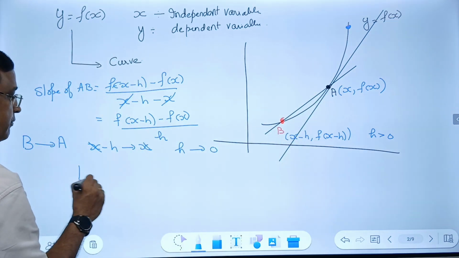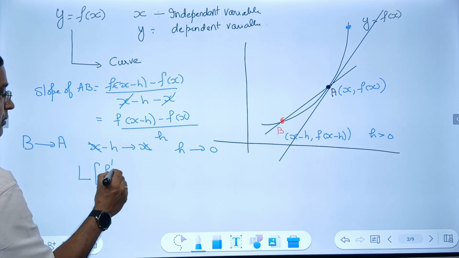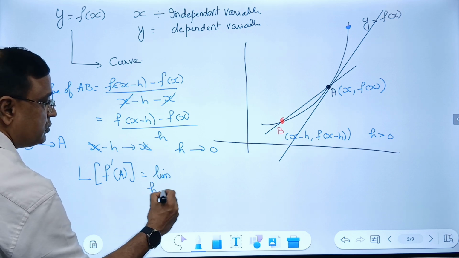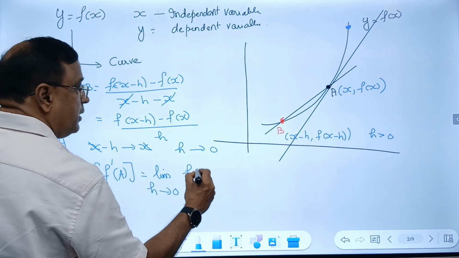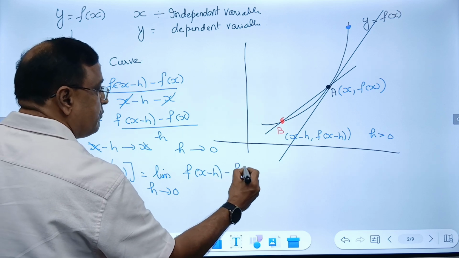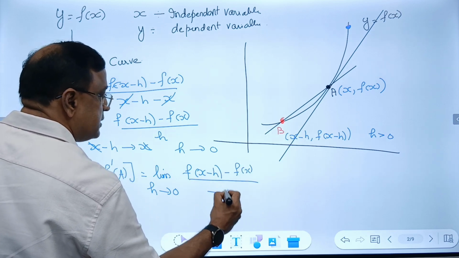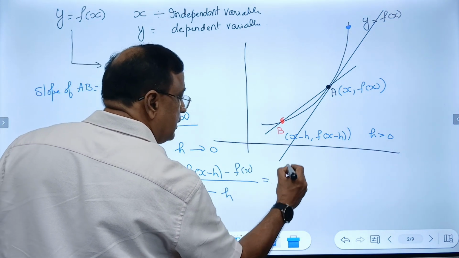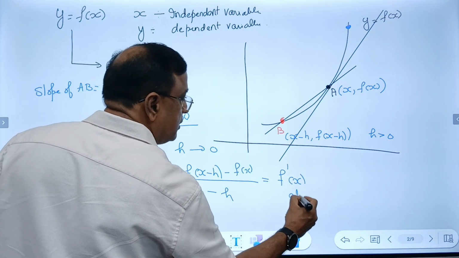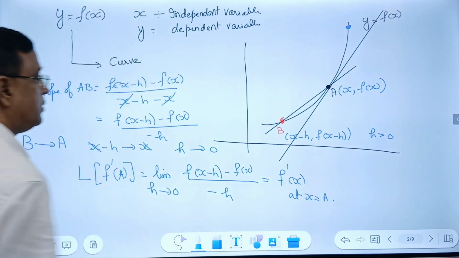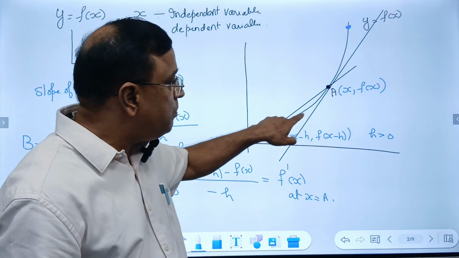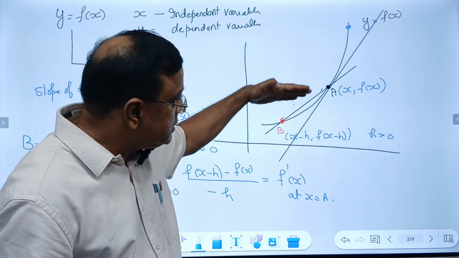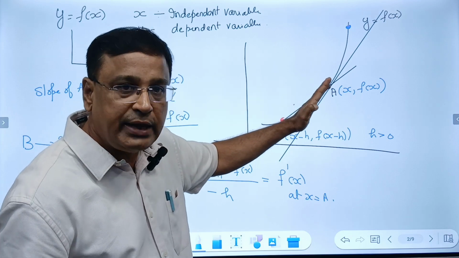So this is my left-hand derivative at A. It is limit h approaches 0, f of x minus h minus f of x divided by minus h, it's actually minus h, and its value is nothing but f dash of x at x is equal to a. So when you allow B to approach A, the secant slowly approaches and becomes a tangent.